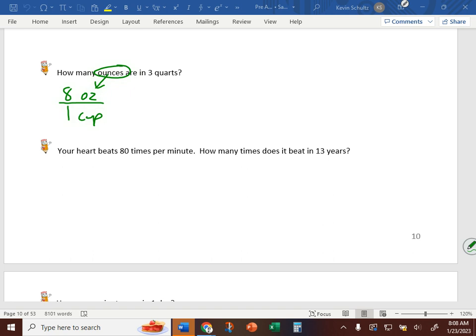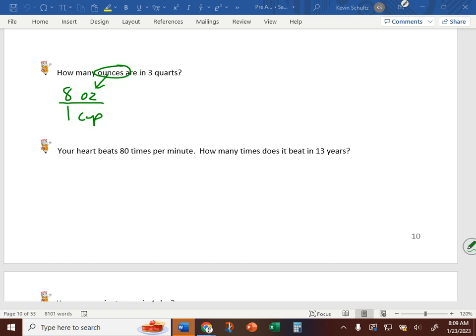So, what do you think we do first here? Are we going to start with a conversion or start with a scale factor? Well, we're building up to quarts, right? So what do we know about cups? There are 2 cups in a pint. So what do we have to do to get up to 2 cups?